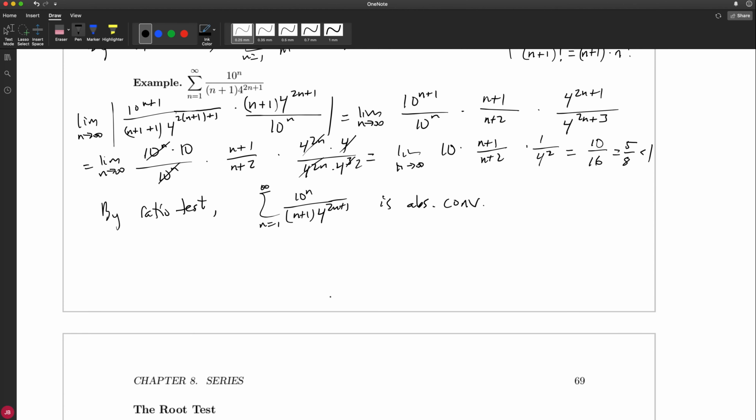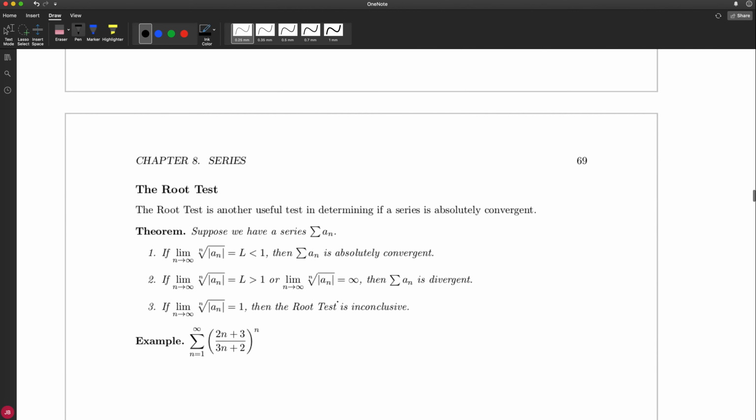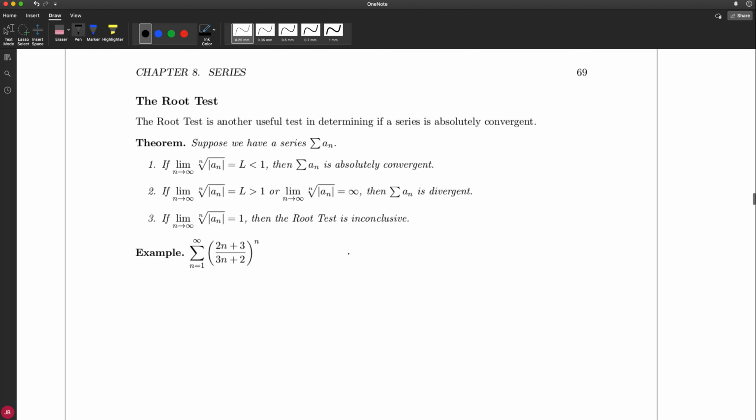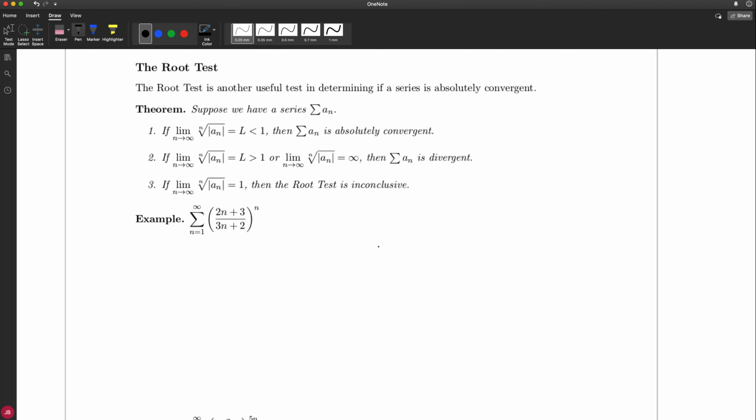All right, now the next and final test that we're going to talk about is the root test. This one, in a calculus class, actually doesn't come up that much, but I think most mathematicians would agree that it's usually the test with the broader scope, meaning that if the ratio test ever gives you a result, positive or negative, the root test will also give it, and sometimes it works when the ratio test is inconclusive.